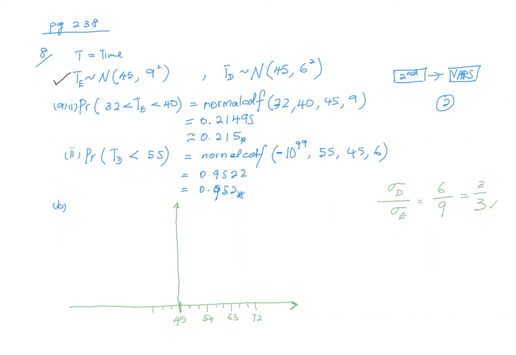You take 45 minus 9, so that is 1 standard deviation away, 36. 36 minus 9, you got 27. Then 3 marks again, 27 minus 9.